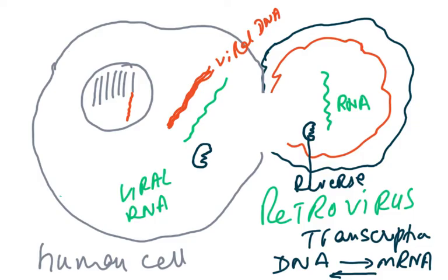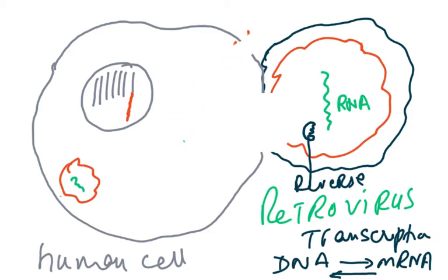Now what is going to happen? Viral RNA becomes viral DNA because of the enzyme reverse transcriptase, and this viral DNA becomes part of the host DNA, and then it takes over and asks the host cell to make more of the protein coat, more of the RNA, and we have lots and lots of virus particles being made in this human cell.